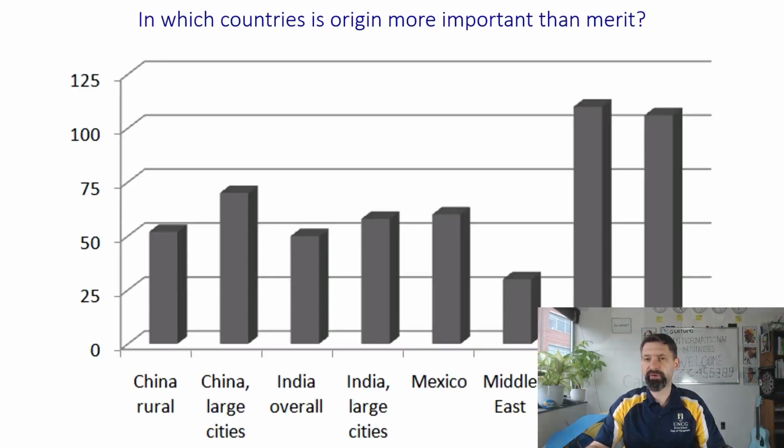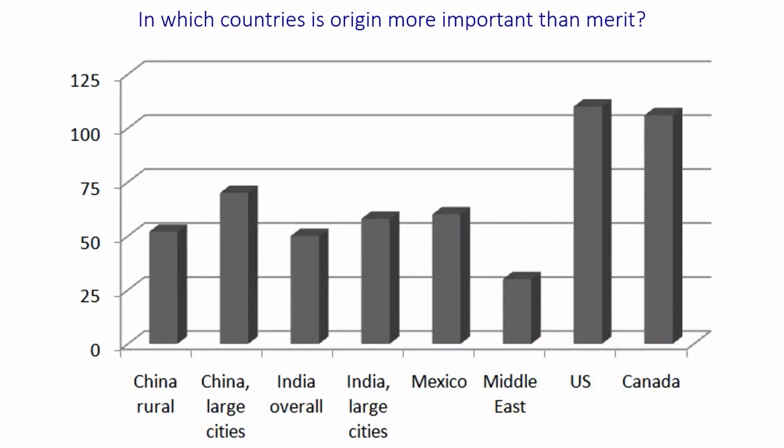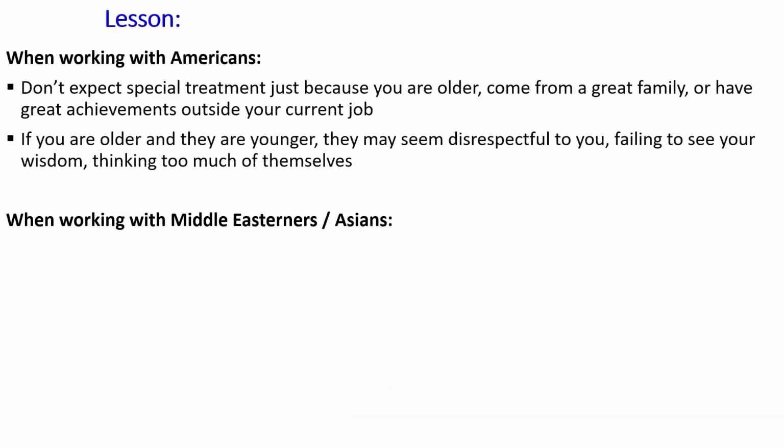So when it comes to the rankings, here is where we stand. In the United States, merit is usually used to attribute status. But if you go to, for example, Middle East, your origin, your connections often make a bigger role. And so it's not hard to think about the lessons.